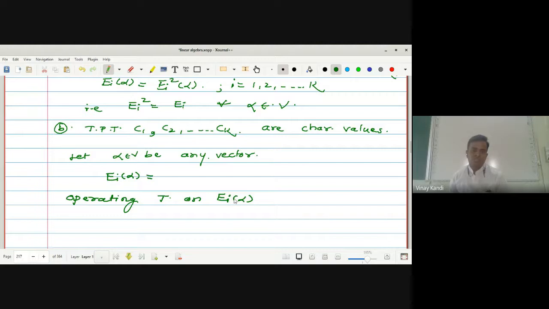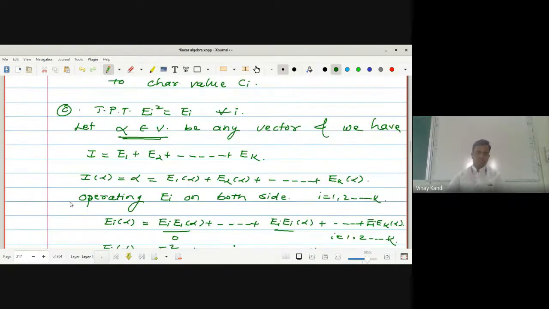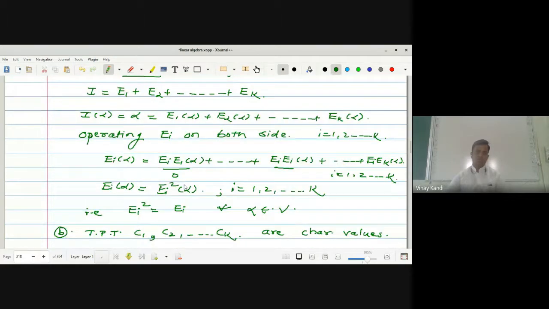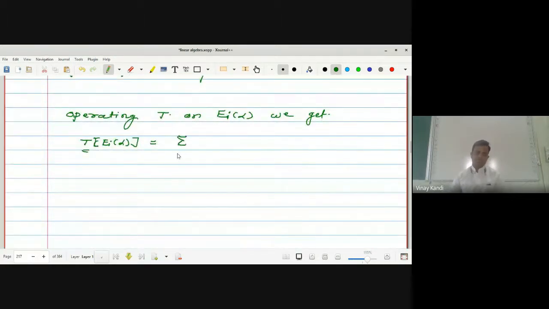Each EI is the projection, so EI of alpha is again in V. So T of EI of alpha equals, and T is nothing but our first condition, C1 E1 plus C2 E2 up to Ck Ek, that is, the summation with j running from 1 to K of Cj Ej of EI of alpha. Is it correct?